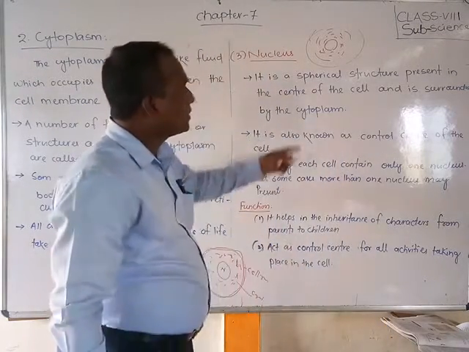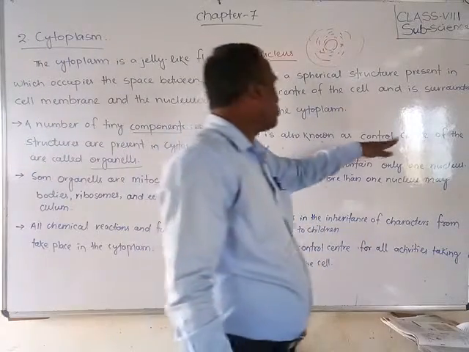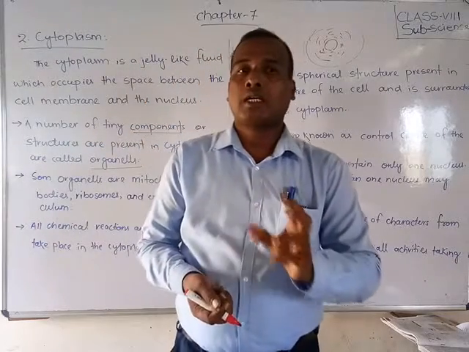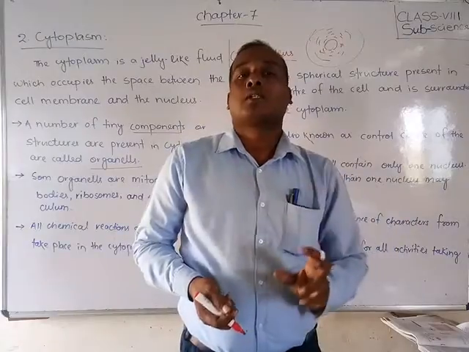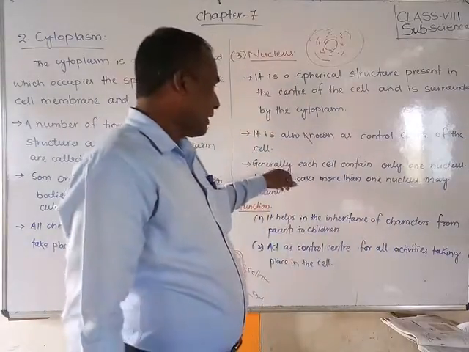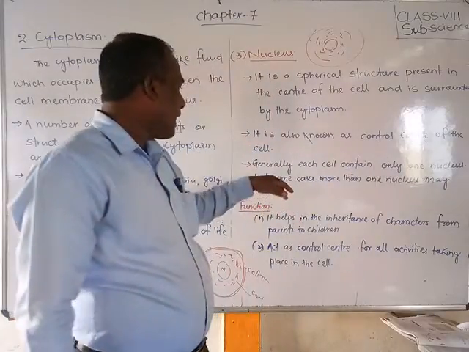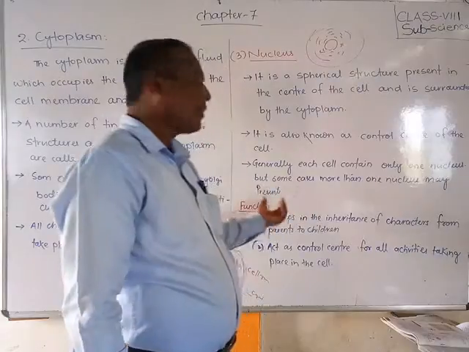So many things are present around the nucleus. It is also known as the control center of the cell, because it controls everything. Generally, each cell contains only one nucleus, but in some cases more than one nucleus may be present.